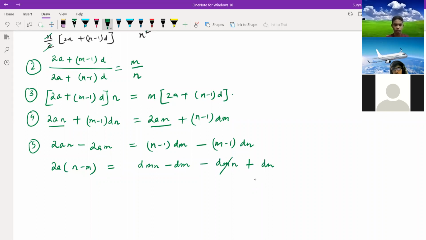So dmn and dmn will get cancelled, right? So we can write here 2a into n minus m is equals to, what is common here? D is common, so we can write it as d into n minus m. So this will get cancelled, so we'll get it as 2a is equals to d.